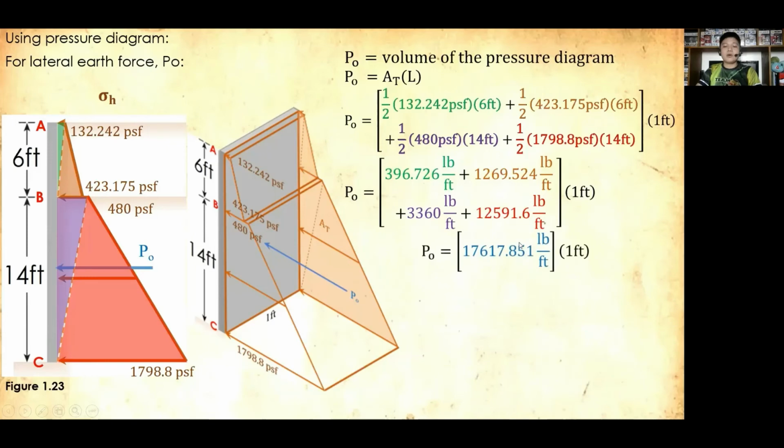And for our PO, the total area now is equal to 17,617.851 pounds per foot. Multiply that with our sample length, which will yield now the value of PO, that is 17,617.851 pounds, and with this orientation of the slope, it is now due left, or otherwise towards the back face of the wall.